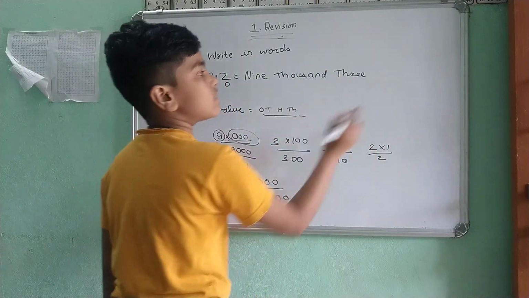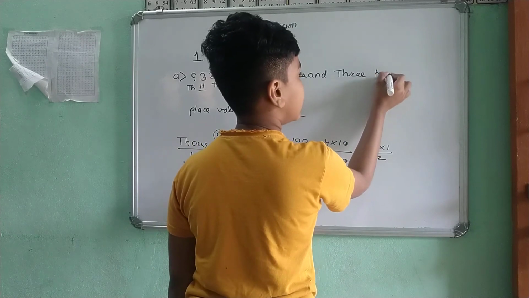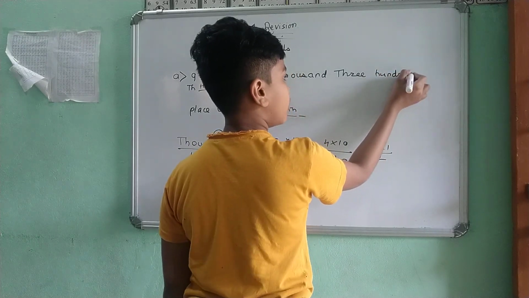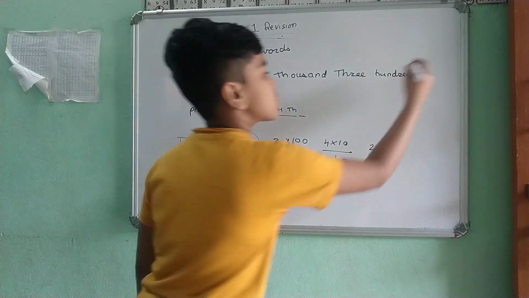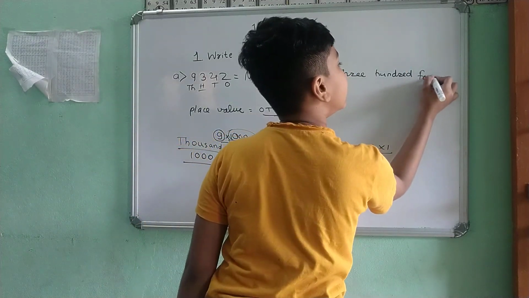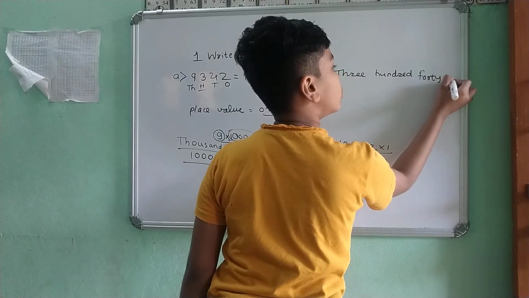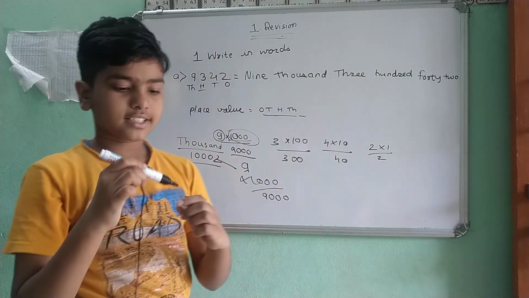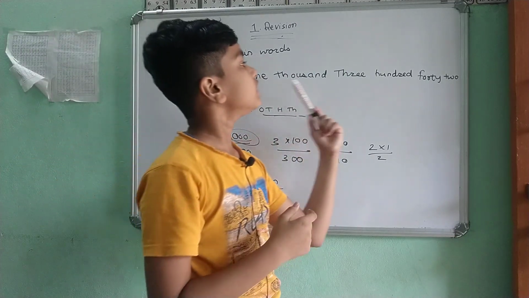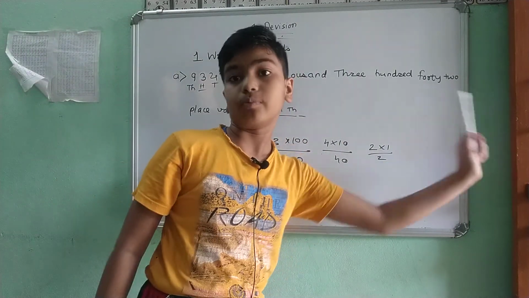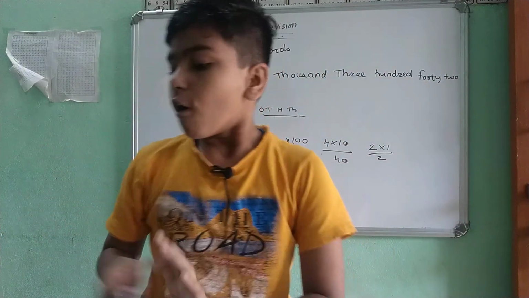Now, remember the place value which is on the 100. So, write 100, 300. Then 42, you will know that number, so you will write 42. This is how you write 9342. This is how the place value works.